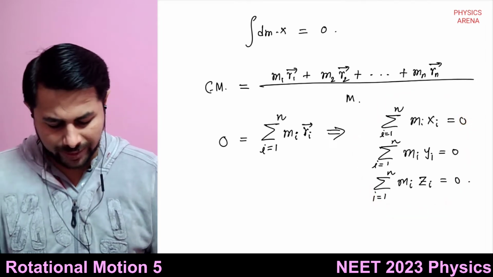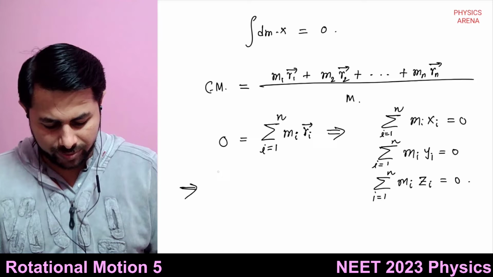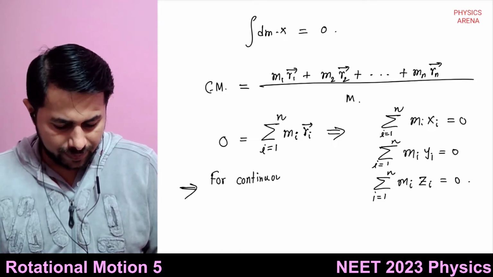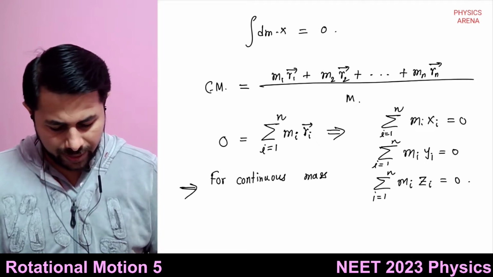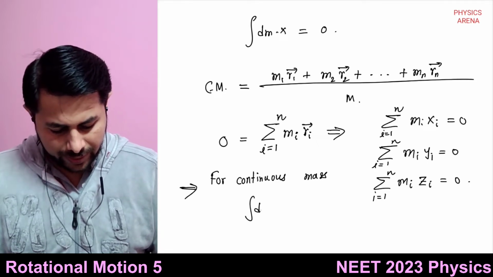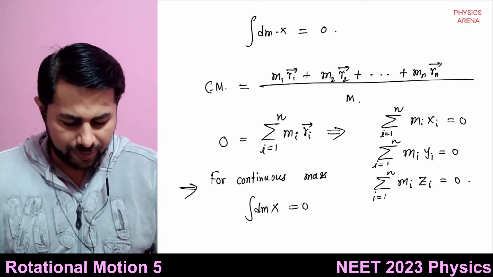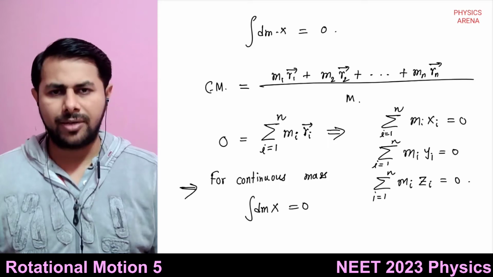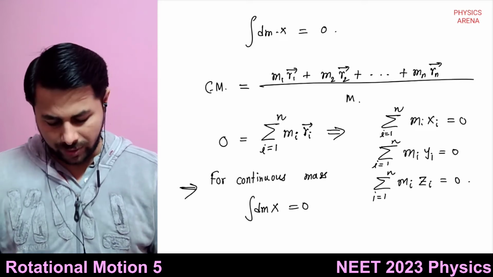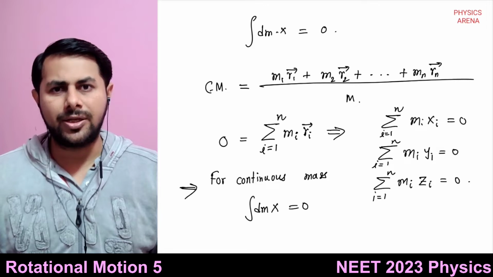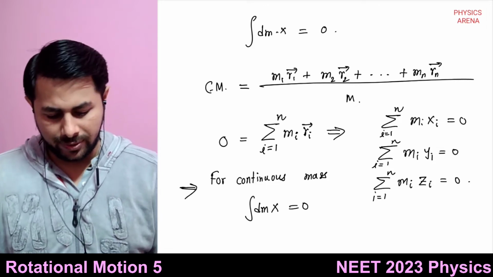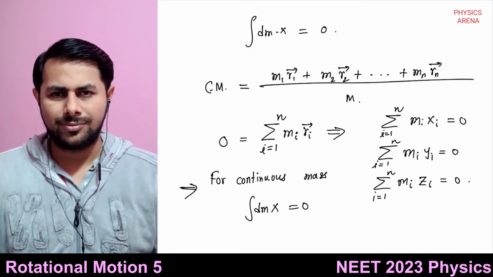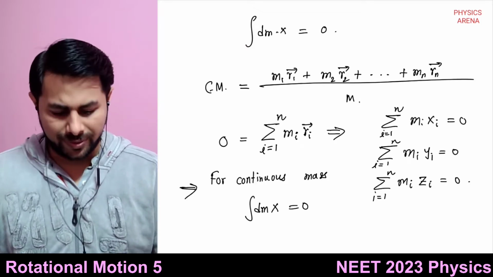For a continuous mass distribution, you will have the integral of dm multiplied by x equal to 0, the integral of dm multiplied by y equal to 0, the integral of dm multiplied by z equal to 0. But all of these moments are about what? About the center of mass. And therefore this is equal to 0. Got this?